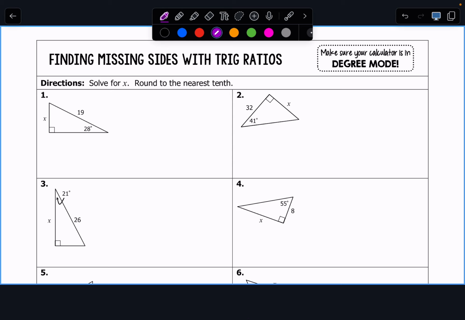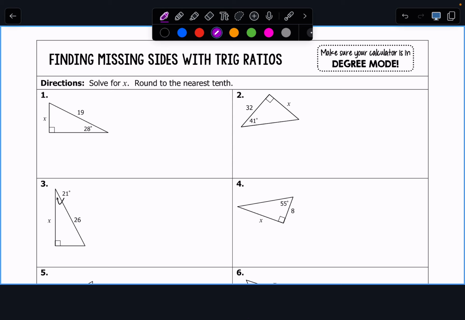Yep, you're good. Anybody not have DEG for degree? Go to mode. Is degree highlighted? No, it's not. So arrow down, up, over. Hit enter. Okay. I have grad. Ooh, that's not good. What is radian? Something you'll learn about next year. Okay. So we are all in degree mode.